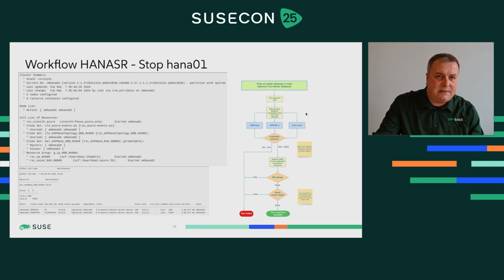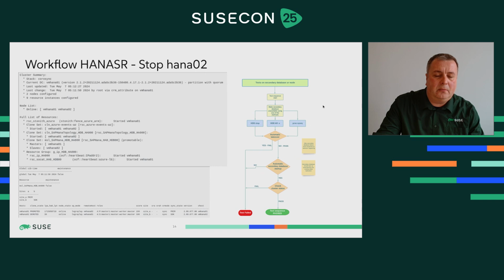The same sequence is then repeated on the secondary or slave node, and we are following the outputs of the tools on the console, which we can see here on the left side, making sure that everything was done as expected.